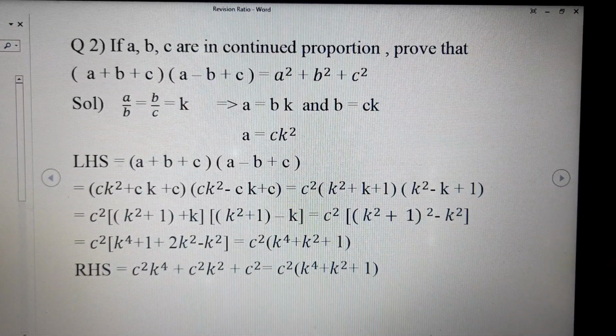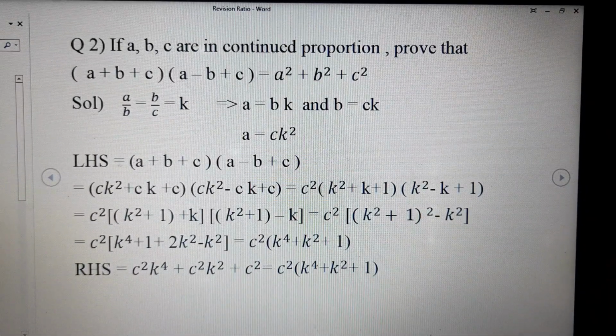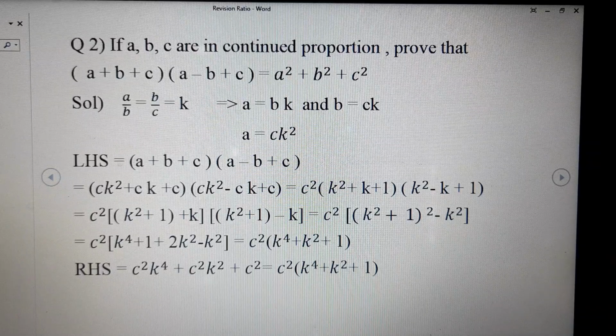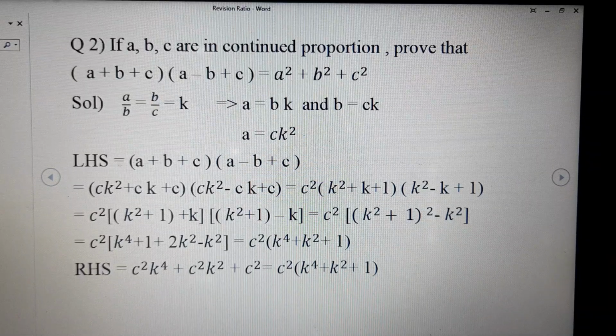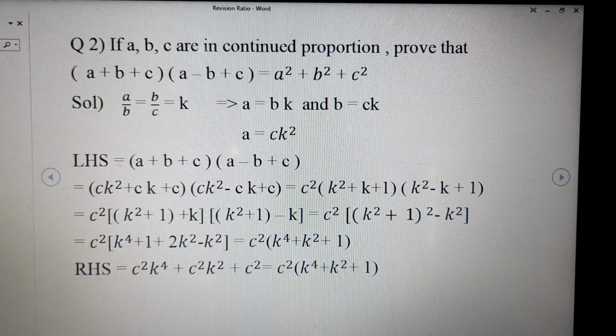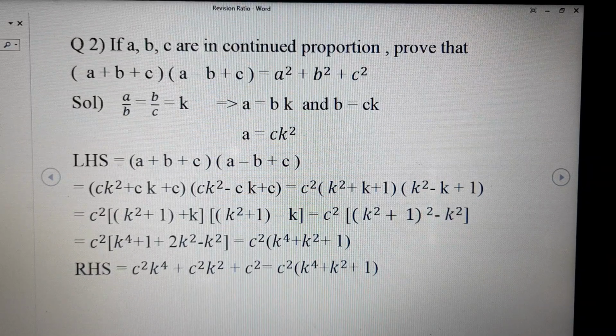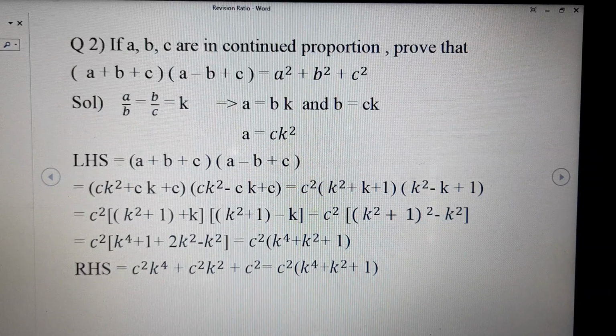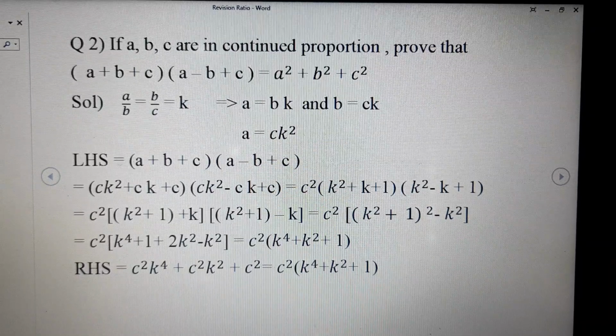Moving on to the second type of question. The second type is continued proportion. The question is based on continued proportion. If A, B, C are in continued proportion, then we have to prove that (a plus b plus c)(a minus b plus c) is equal to a square plus b square plus c square.